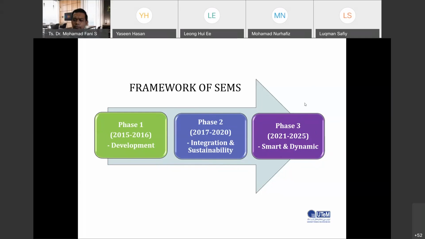Inshallah, we are entering a very challenging phase to put UTEM at other standards, other levels of smart and dynamic campus, involving industrial evolution 4.0, etc. That's a good point for UTEM to move forward, to become one of the public universities that have this infrastructure and an energy management culture.